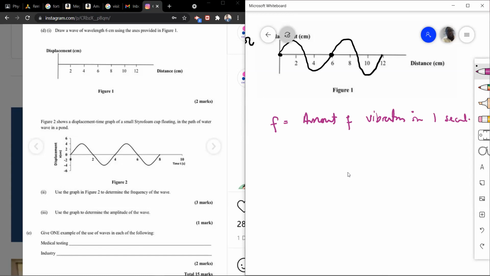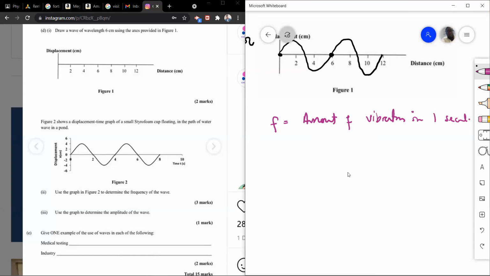Therefore, I can divide by 4. Yes, you're right: I have 2 complete waves happening in 8 seconds. Therefore, 1 complete wave happens in 4 seconds.